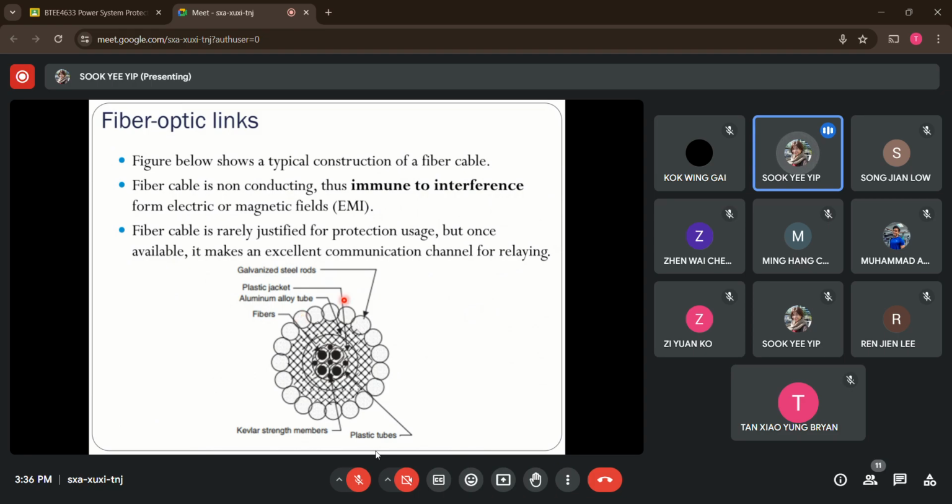And the outermost layer here is the galvanized steel rod. You can see the steel gives mechanical protection for the entire fiber optics link so that we can avoid breakage of the wire.